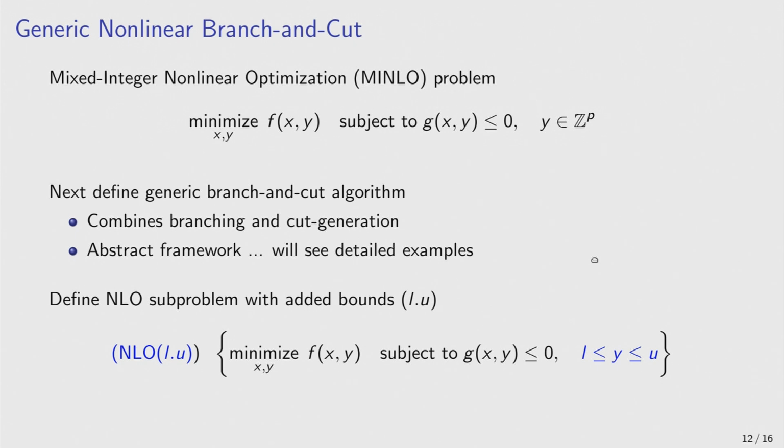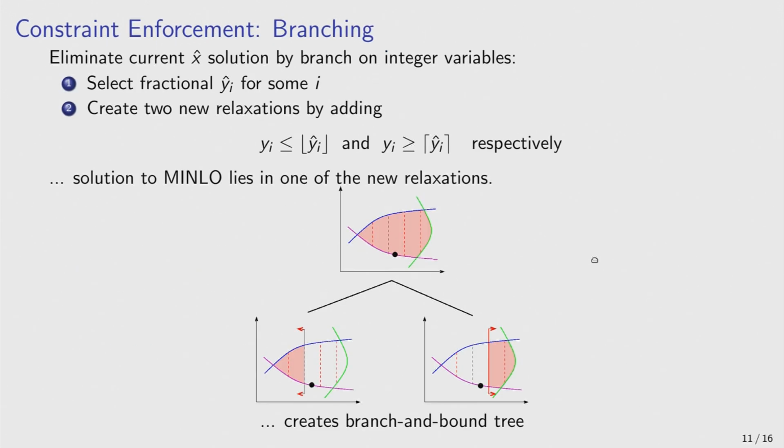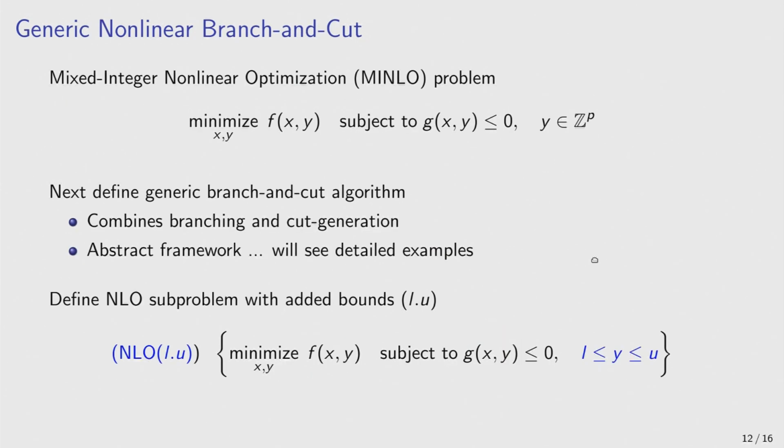And so where do they come from? They come from this operation here, because here I added a new upper bound for this problem. For this problem, I added a new lower bound. And you can imagine if you keep doing this, you keep adding bounds, you change these bounds on these problems.